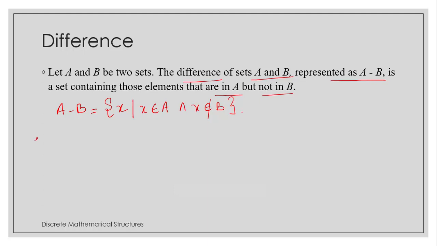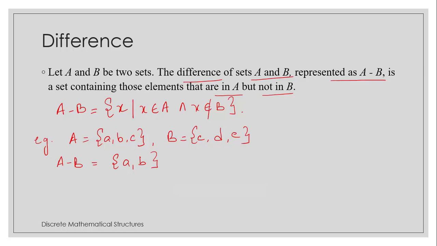Now considering the same example, we have A equal to {A, B, C} and B equal to {C, D, E}. A minus B will be equal to {A, B} because it will include only those elements that are present in A but not present in B. C is present in A as well as in B, so C will not be a part of our answer.